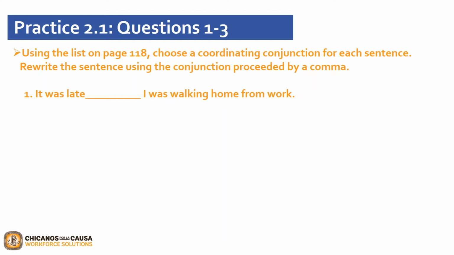Rewrite the sentence using the conjunction preceded by a comma. Our first question says, it was late, blank. I was walking home from work. What coordinating conjunction would you use? The correct way you would rewrite this sentence is, it was late, comma, and I was walking home from work.